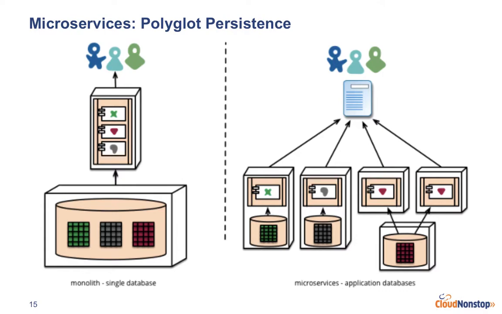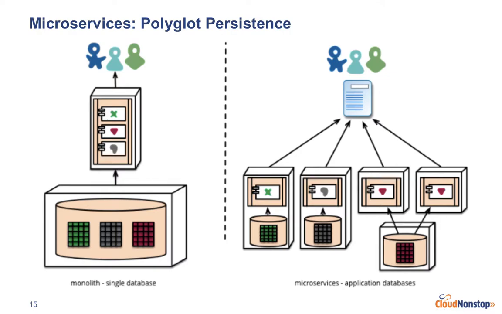Another characteristic of microservices is polyglot persistence, which is a fancy name for each and every microservice having its own database layer. So as compared to a monolithic architecture, where there's a monolithic database. Sure, that particular monolithic database might have partitions within it, or different tables and different views, within the database. But all of the database interaction is happening in a common database server.